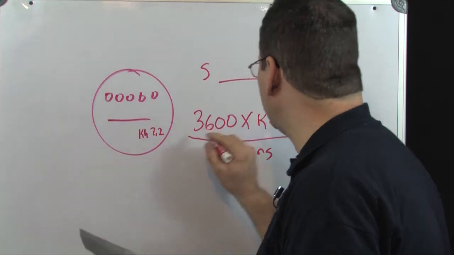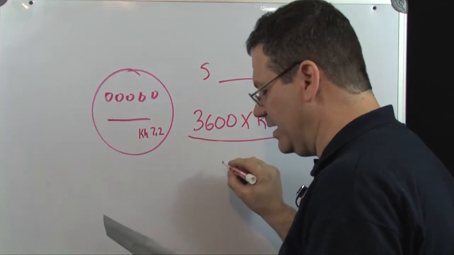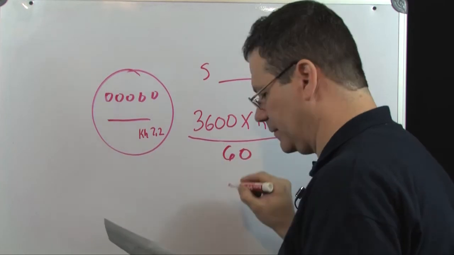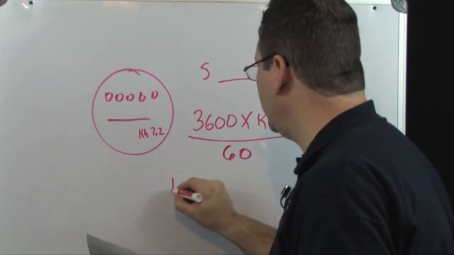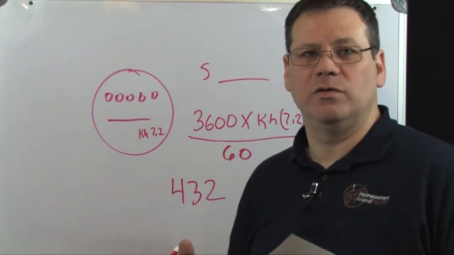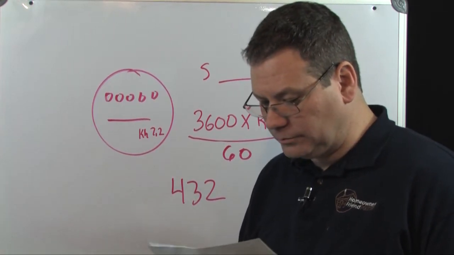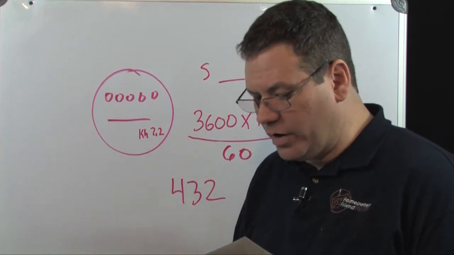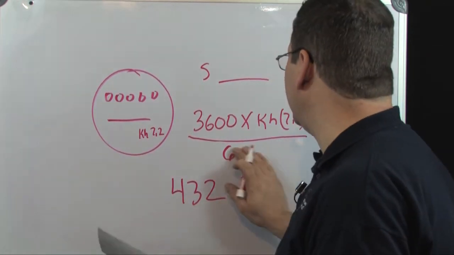So it'd be 3600 times 7.2 divided by 60 seconds. And if you do that math, it comes out to 432. So that device, whatever it is, would be using 432 watts. Let's say it did it in 10 seconds.